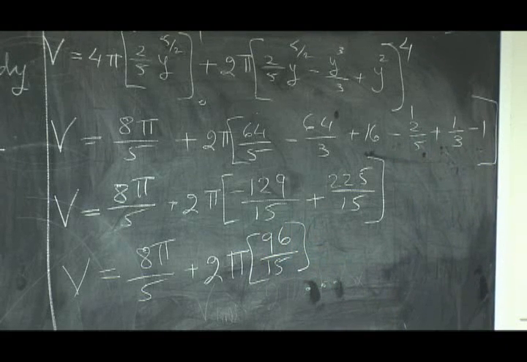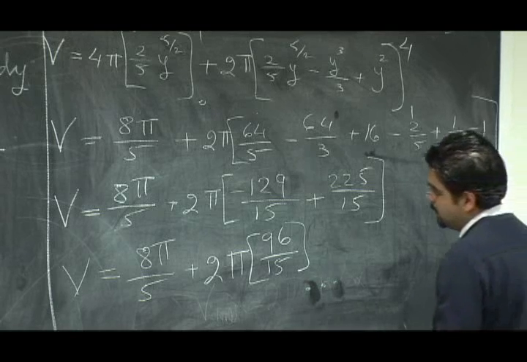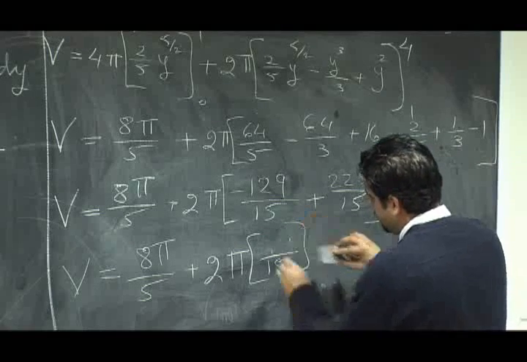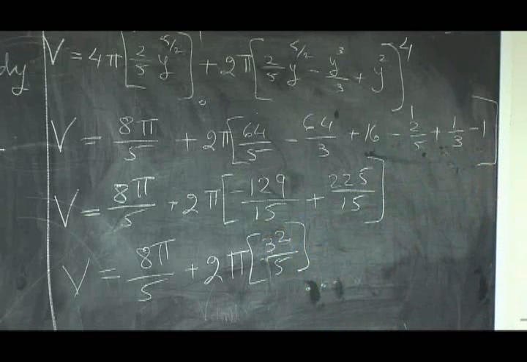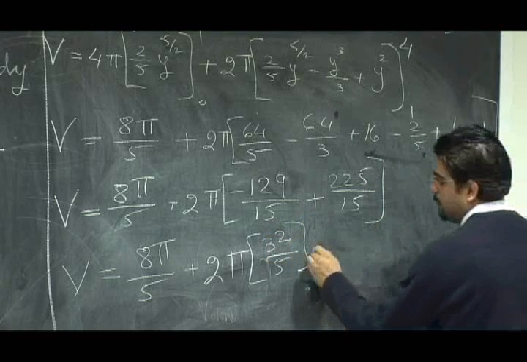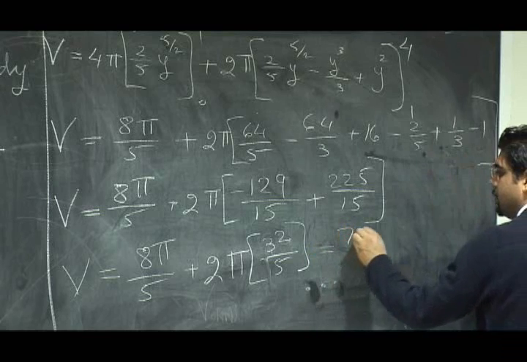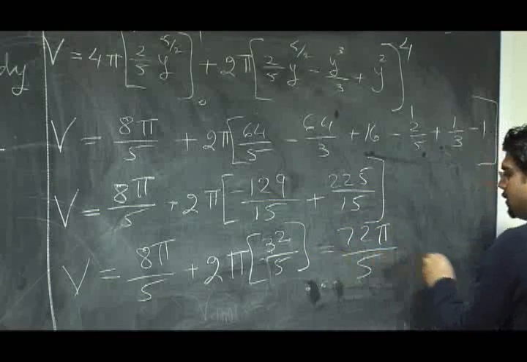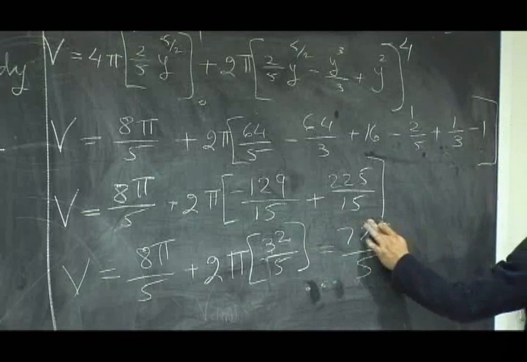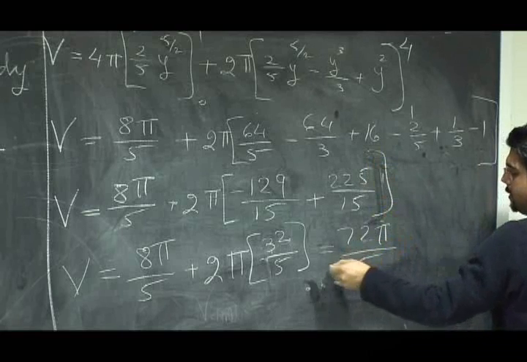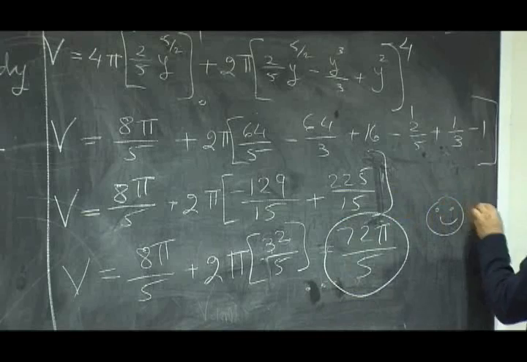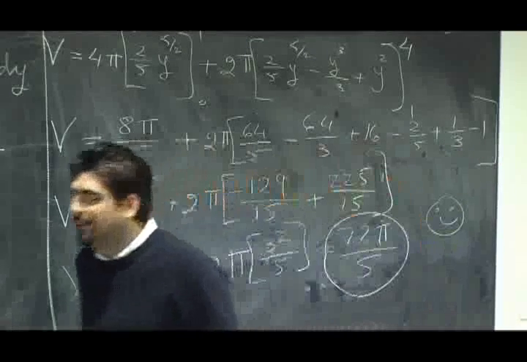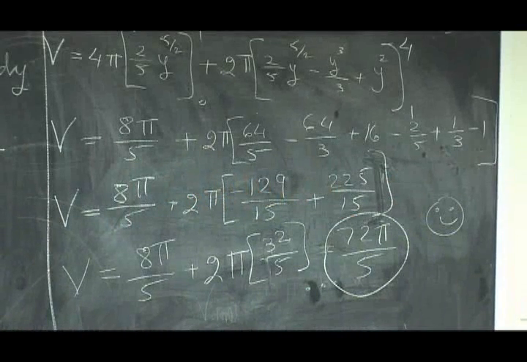Well, you can subtract 32 over 5. That'll be nicer because then you have 64 and 72. That's the answer, I think. So that's the volume of the solid that we were talking about.